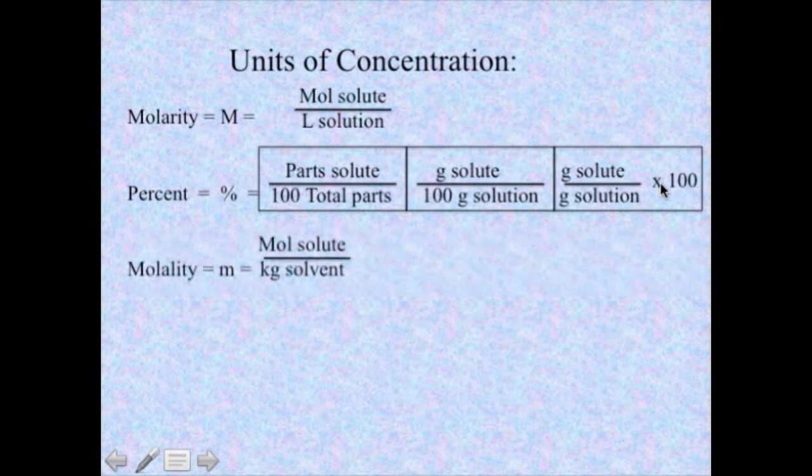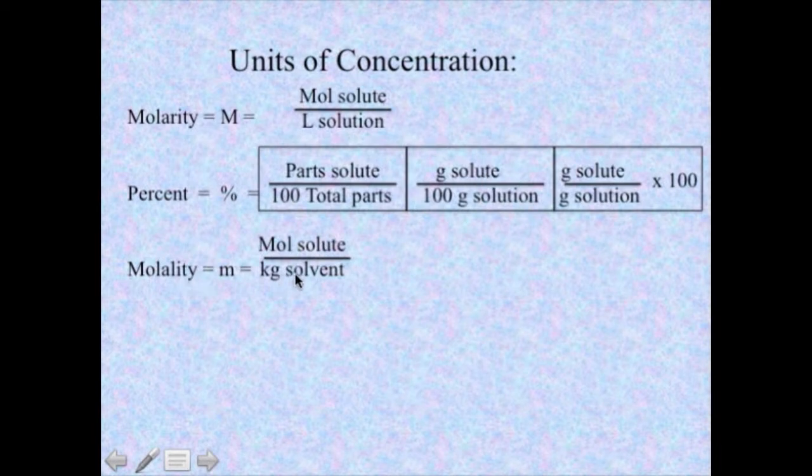There's also molality, used mostly in calculations involving colligative properties, such as freezing point depression or boiling point elevation. We use it because it's independent of temperature, and we have moles of solute per kilograms of solvent. This is quite a departure from molarity and percent, where we have solution in the denominator.